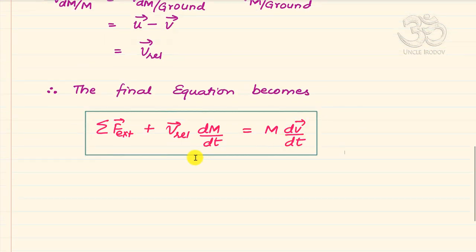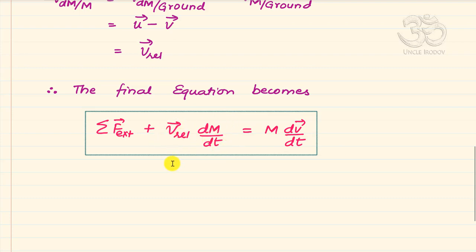In all the variable mass system problems, you are going to use this equation, where you will have to define a proper main object. Most of the thought process will go into defining the main object, and once you define it, its instantaneous mass will come in here, its acceleration will come in here, and the rate of change of mass of the main system will come in here.